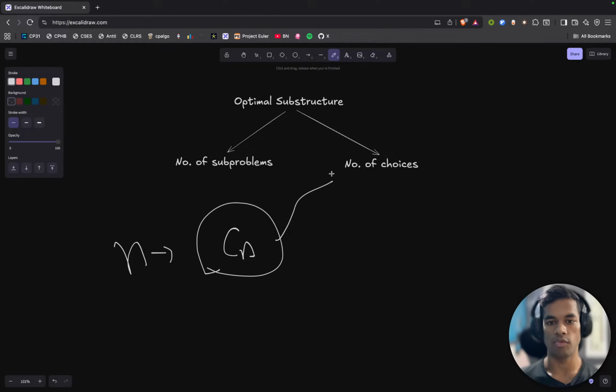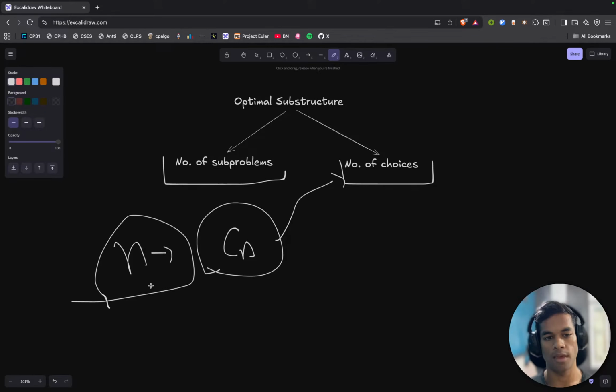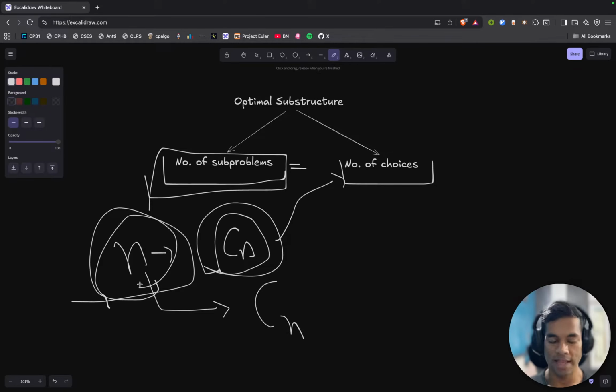That is the number of coins that we have at any point, and the number of subproblems coincidentally in the coin change problem also is Cn, because making one choice results in one subproblem that we have to solve. So in this case, the number of subproblems and the number of choices is the same in the case of coin change problem.